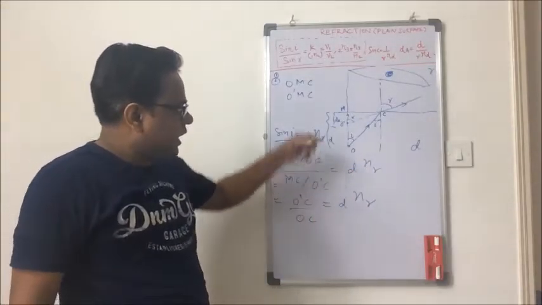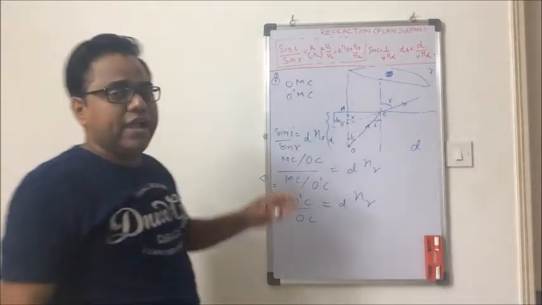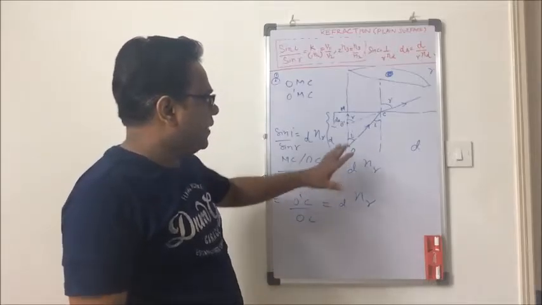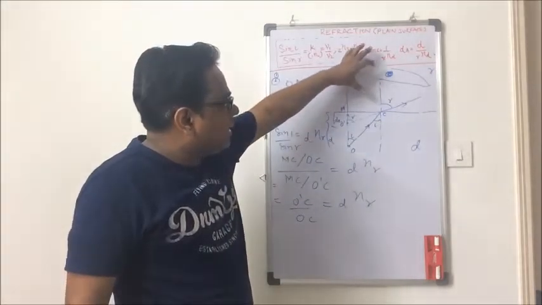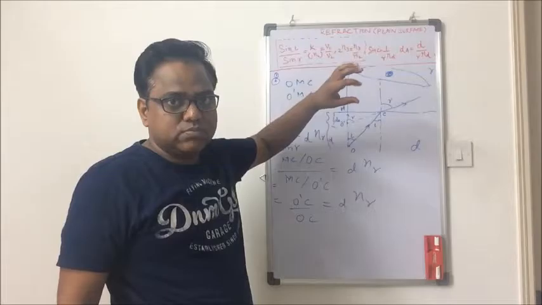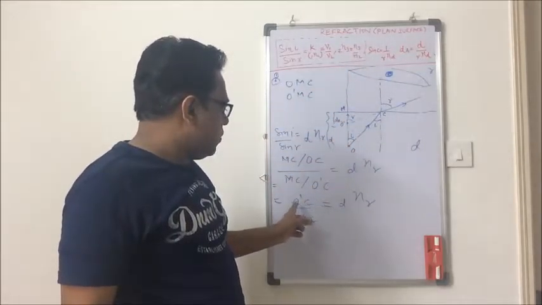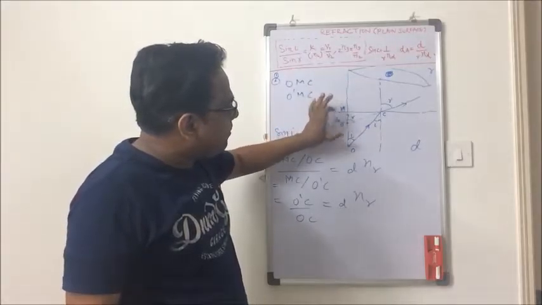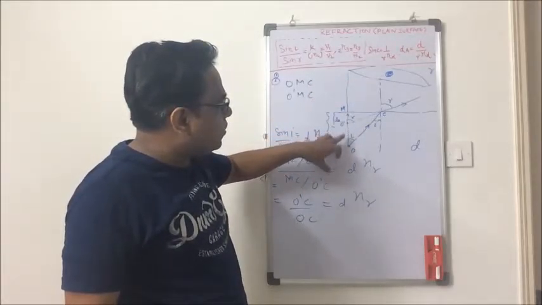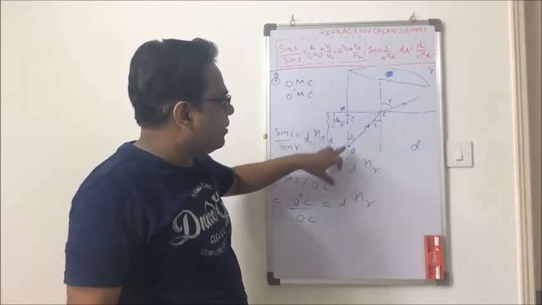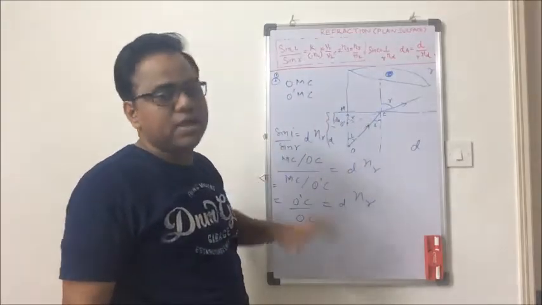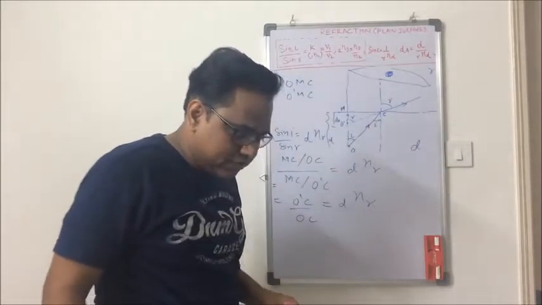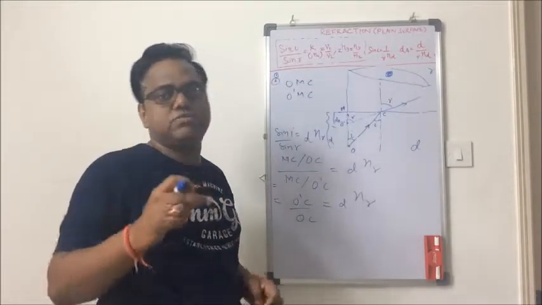Okay, and now there are always some caveats, right? And those caveats you have to remember. In this case we say if the aperture of the eye is small, then OC can be taken as OM, and O'C can be taken as O'M. That happens because if you look at the eye, the aperture would be very small.